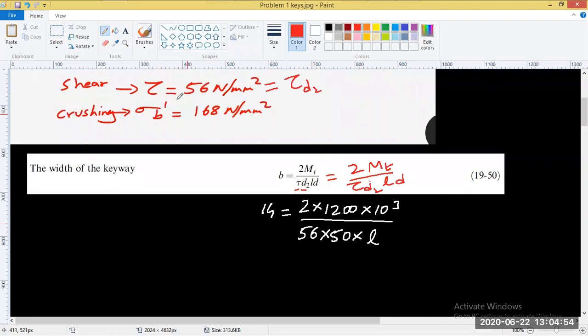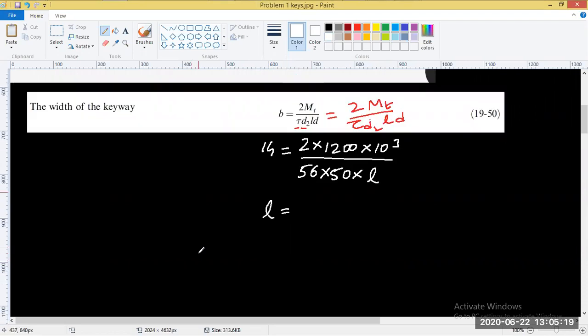So if you go according to this shear stress equation, this satisfies. So 14 is the dimension, assuming shearing stress, not crushing stress. Assuming shearing stress is how you find out. Now let me just find what is the length of this. So you just use it in the formula. So L equals, substitute everything over here.